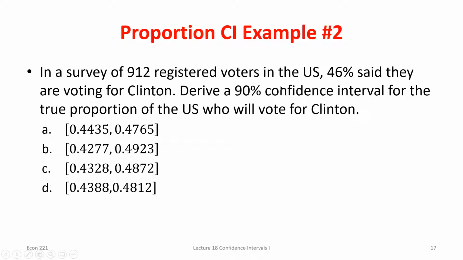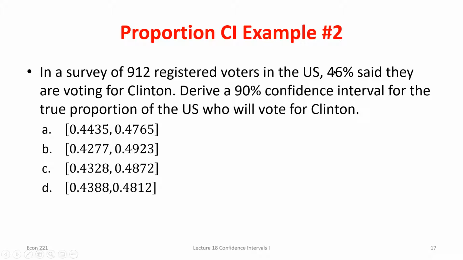All right, so let's work through another example. Let's say prior to the 2016 election that I had some information on a 912-person survey, and 46% of the people said that they were going to vote for Clinton. In the first example, I calculated my sample proportion from this many out of this many.